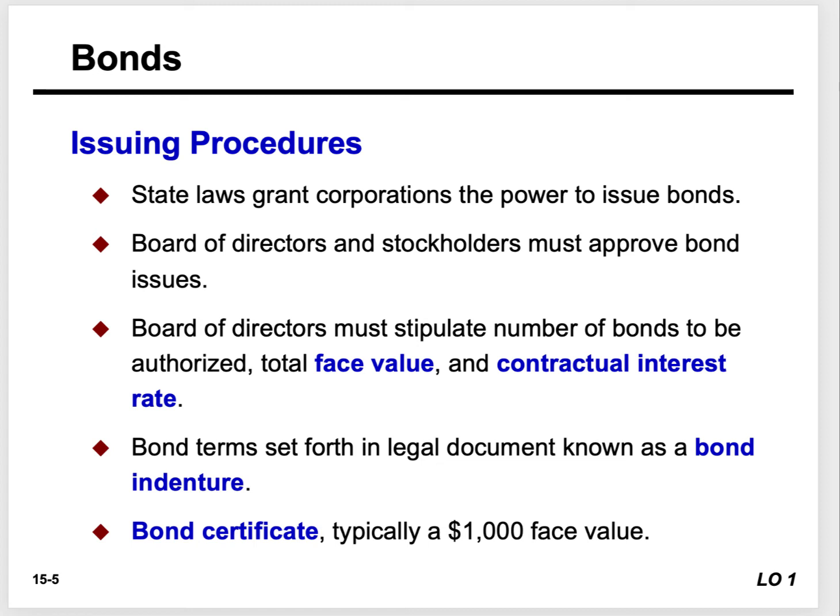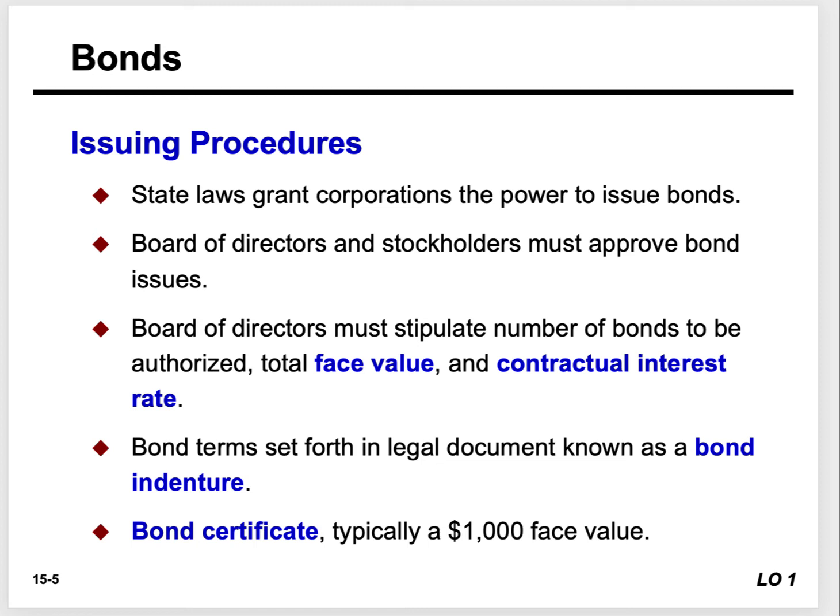The next thing we need to recognize is that the terms of the bonds, meaning the face amount, the contractual interest rate, the maturity date, all that stuff, that is a legal document, okay? We call it a bond indenture, right? And basically, those are nothing more than the terms of the bonds. In the past, but now since everything is electronic, bond certificates really don't go out anymore.